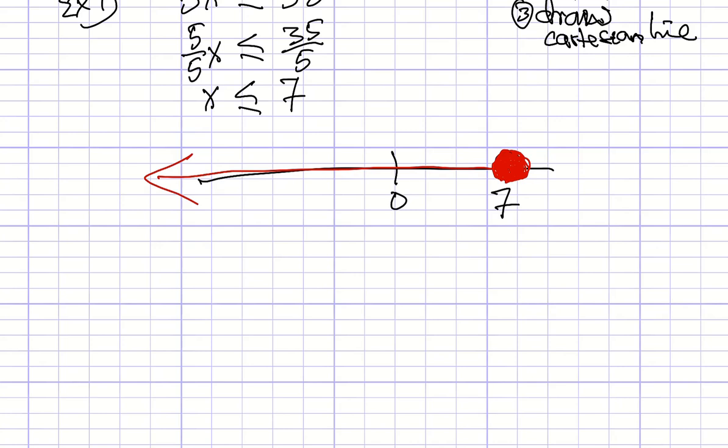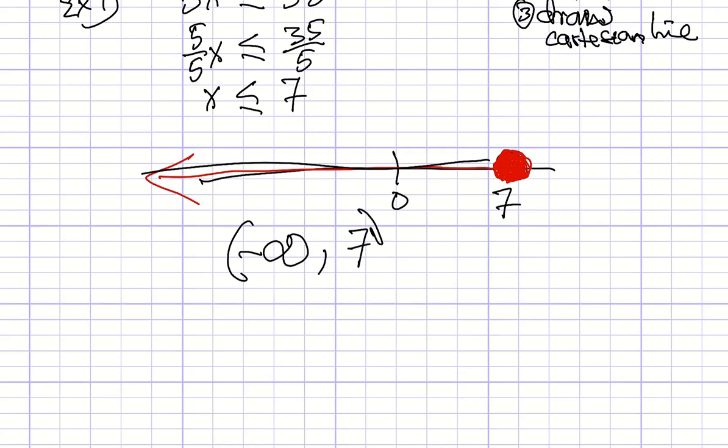Remember it goes to infinity, it doesn't stop anywhere. So it goes all the way to negative infinity, and then 7. Since 7 is included, you use a bracket like that to show that 7 is included. That's all.